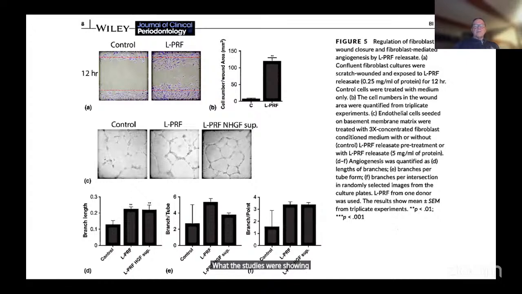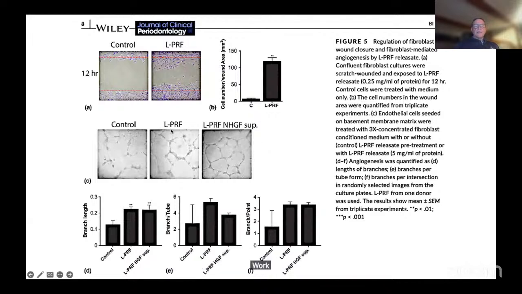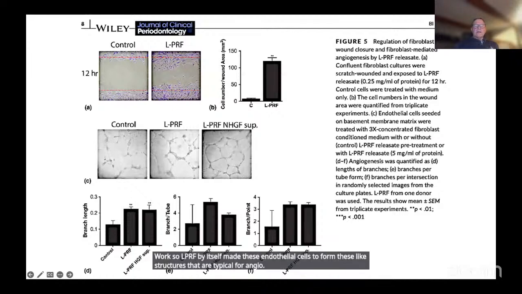and we did also some endothelial cell work looking at the potential blood vessel formation, like angiogenesis work. So LPRF by itself made these endothelial cells form structures that are typical for angiogenesis in culture.